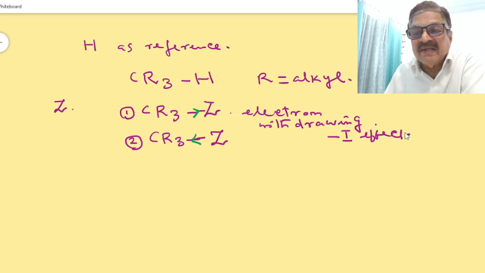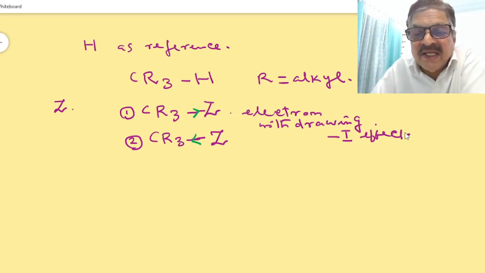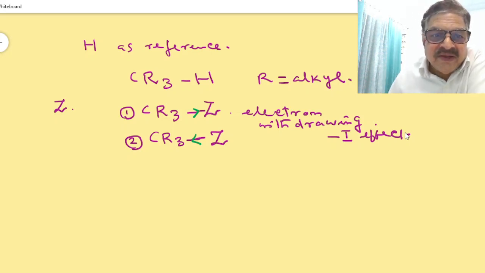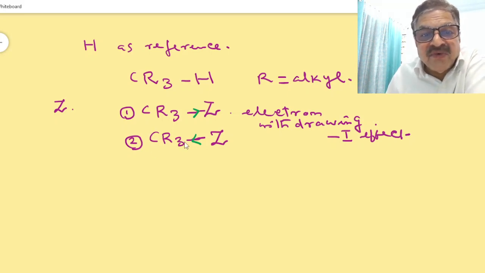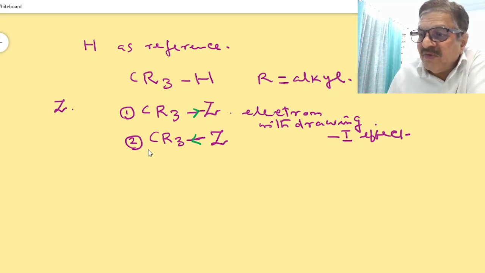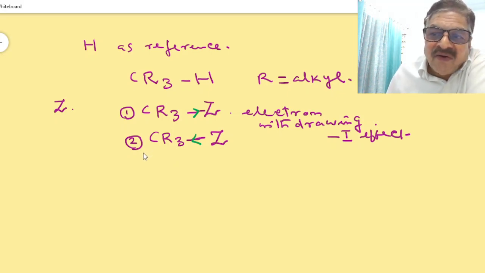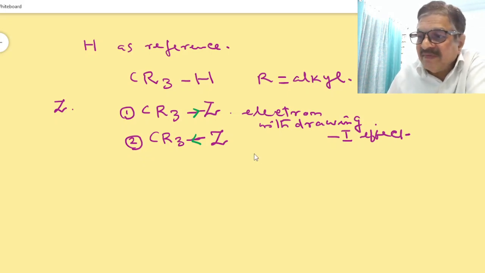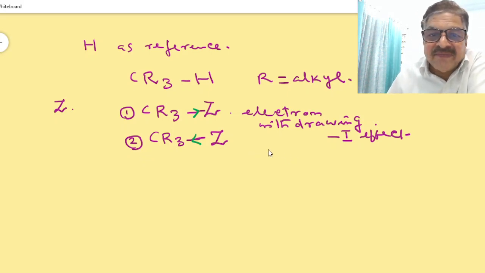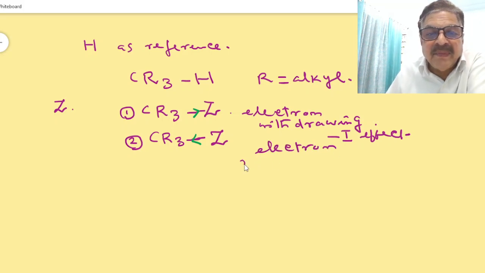This is the nomenclature given by scientists like Gould. Now in this case, the electron density in the CR3 part is greater. The electron is going in this direction, due to the electron repelling or electron releasing character of Z here. This is known as the plus I effect, electron repelling.